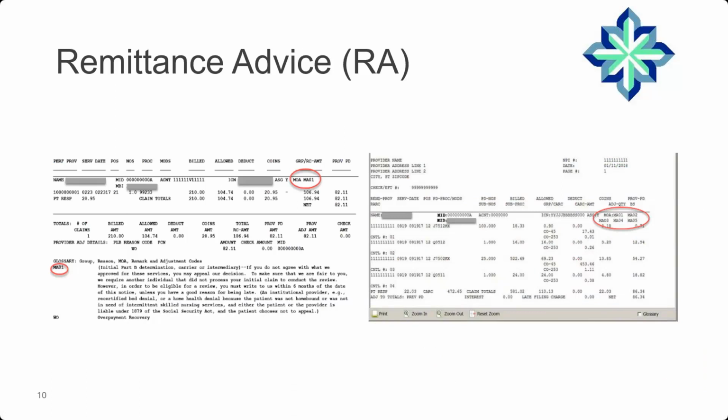Now, in the example on the left, the RARC codes appear in the upper right, and then at the bottom, you can find a definition of what that code means. So here it tells you that the MA01 means that if you do not agree with what was approved, you may appeal the decision. The remittance advice on the right looks a little different, but you can still see those RARC codes in the upper right corner.